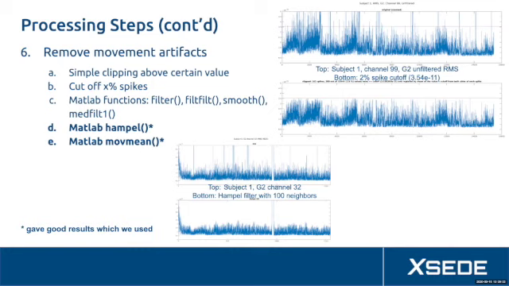For the Hampel, we used 100 neighbors on each side, and the bottom plot shows an example of before and after the Hampel filter. Notice that it didn't get rid of fat spike noises, which you can see to the right of the plots. Then for the movmean, we used a sliding window of 499 values.